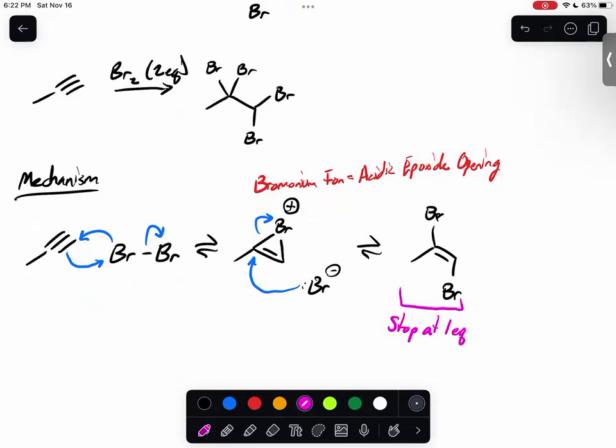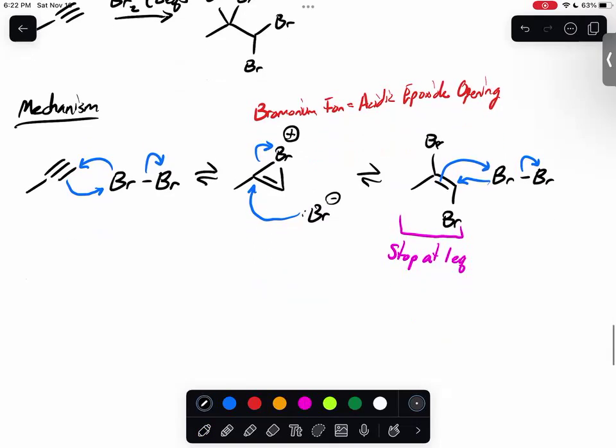On the other hand, a second equivalent of bromine could be added, and this one's going to do the exact same thing, where the bromine attacks, the bromine attacks back, and we kick out one of the bromides.